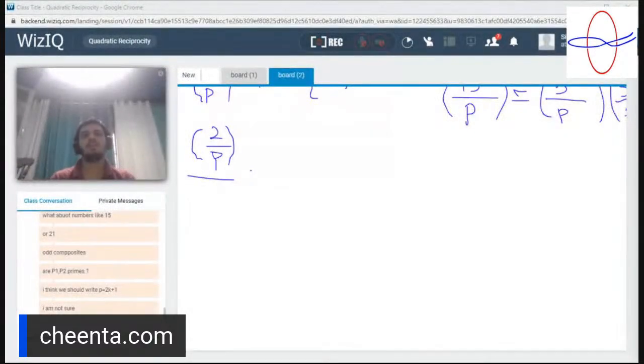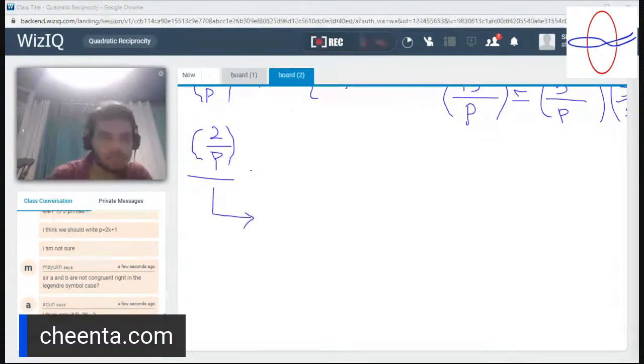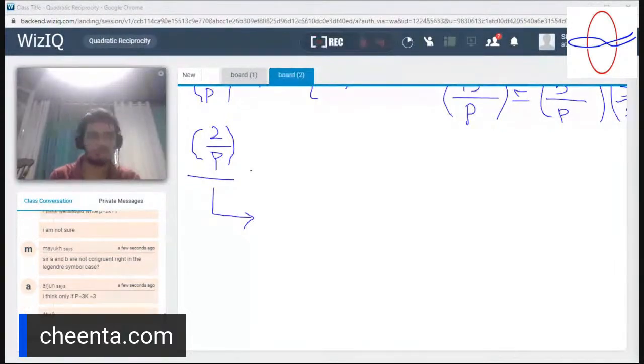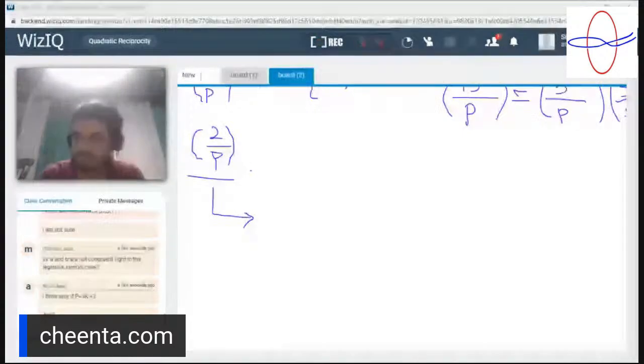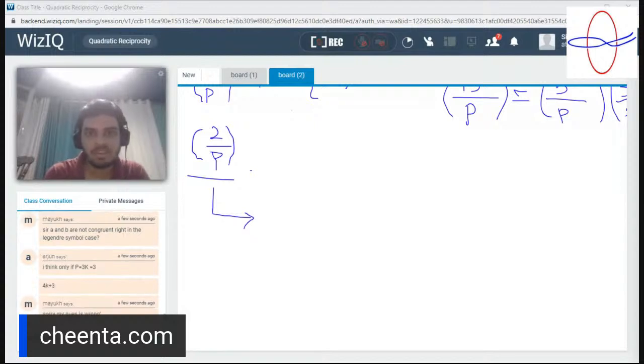We'll first look at what Gauss's lemma tells us about this. So if you remember from our previous class, in fact, there are other primes for which this is true. Actually, 4k plus 3 is also not always correct. Let's look at how to approach this.